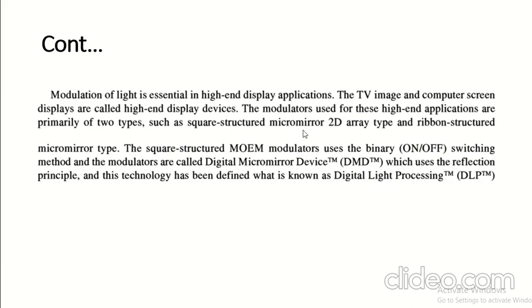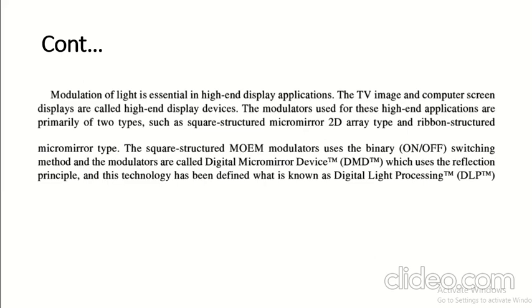So you must remember that modulation of light has application in display devices. The two examples given here, a TV image and a computer screen, are highly high-end display devices, and the modulators used for such high-end applications are of two types: square structured micromirror 2D array type and ribbon structured micromirror type.